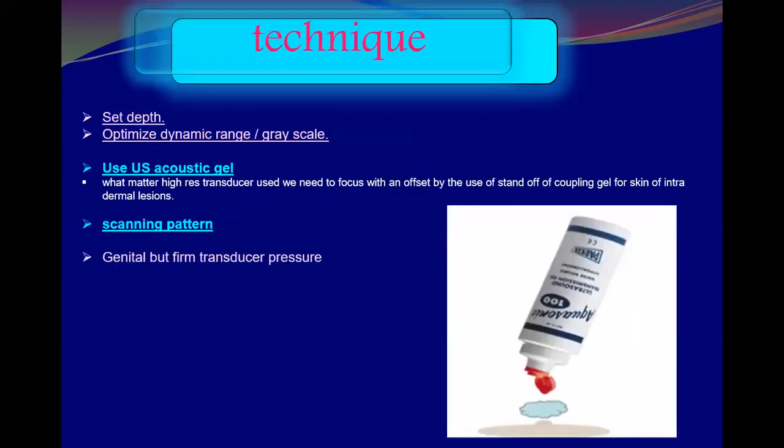After we set the depth and optimize the grayscale, we have to use the acoustic gel. And then we have to select the scanning pattern. What are the scanning patterns for breast ultrasound?